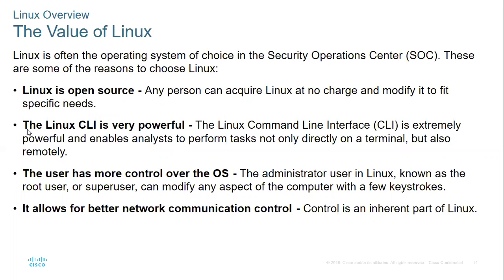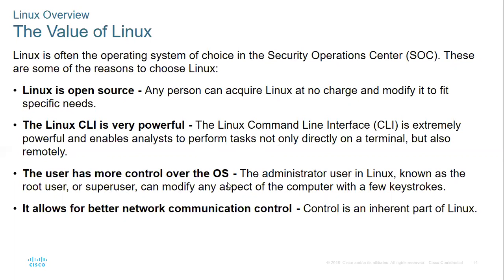The other reason is that the Linux CLI, the command line, is really very, very powerful. So you can use this powerful CLI to perform any tasks that you want on a system. And then the other reason is that the user on Linux has more control over the operating system.